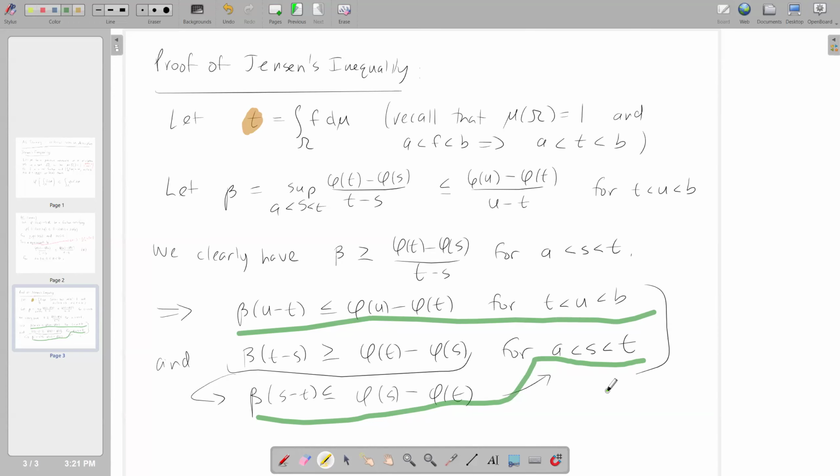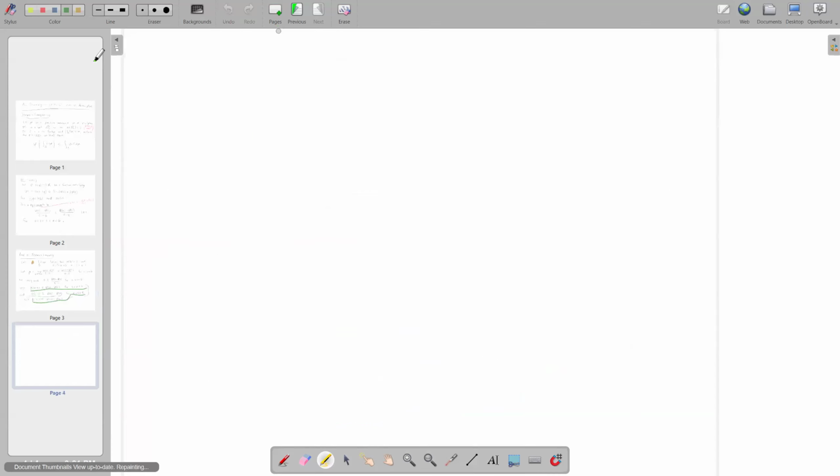So putting these together means that if I have any value in the entire interval, then I know for sure that I have this inequality. I can replace u or s, whichever way you want to think about it, by anything in the entire interval. So let me write that down.